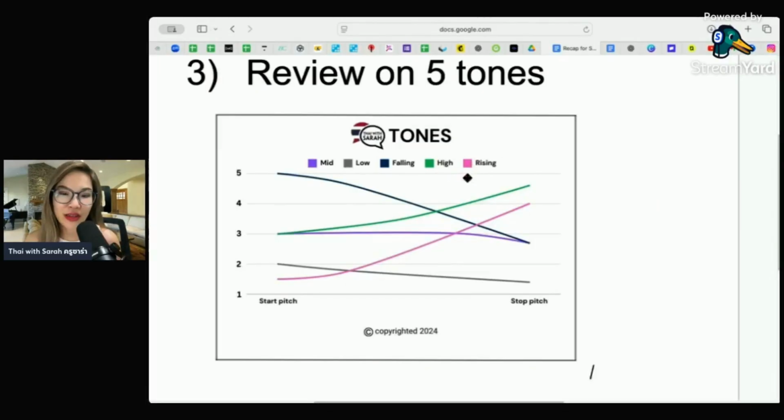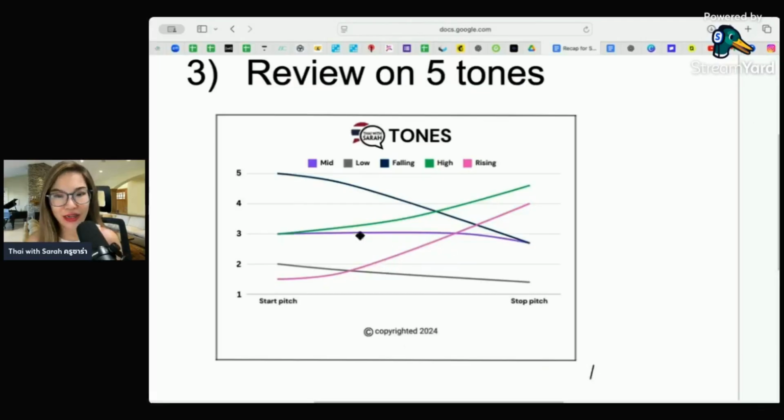I actually like to teach rising first, because when a lot of Thai learners try to do the high tone, it ends up being a rising tone automatically. Also, the rising tone exists in Mandarin, and Mandarin doesn't have a high tone, so rising is probably easier to relate to for a lot of you, right?